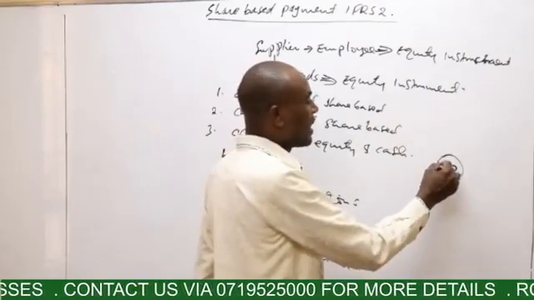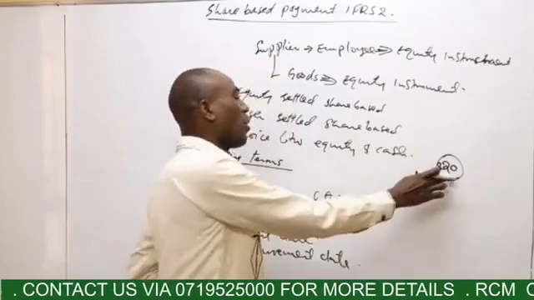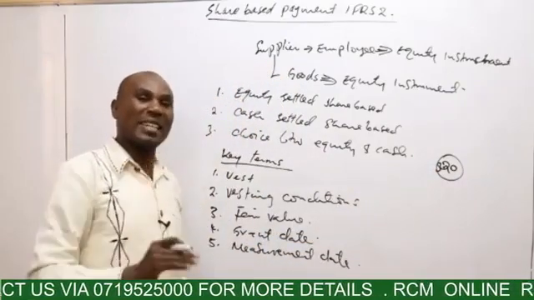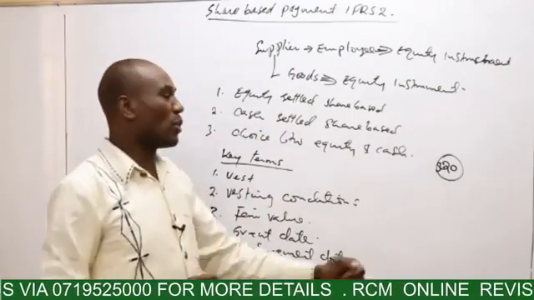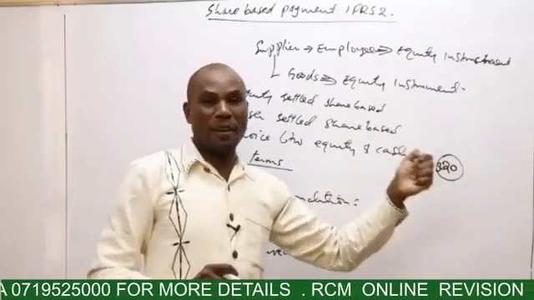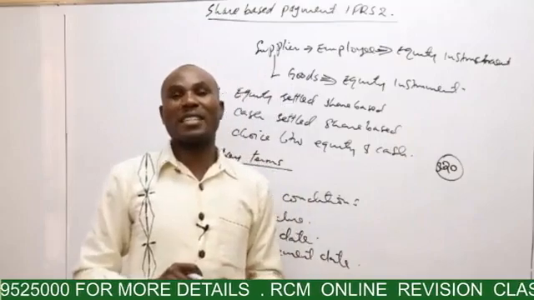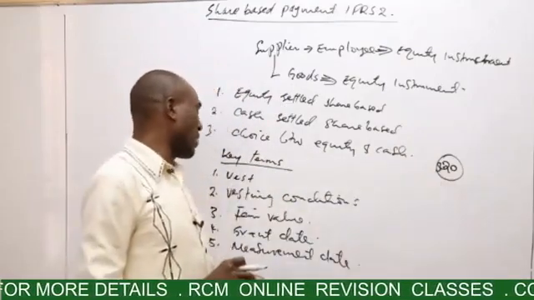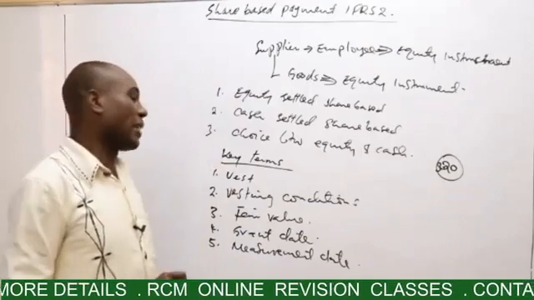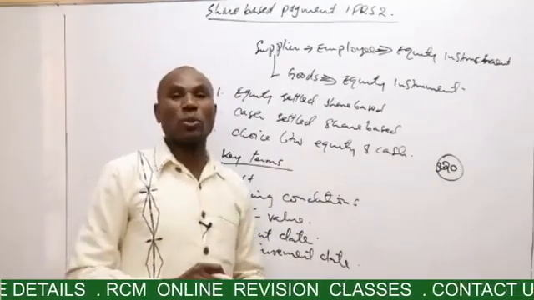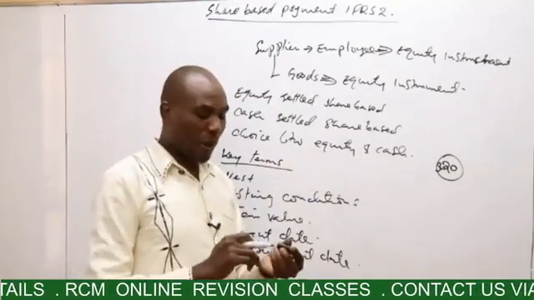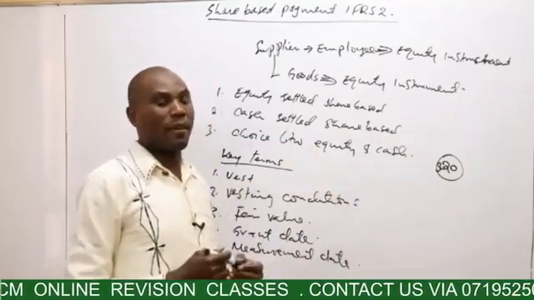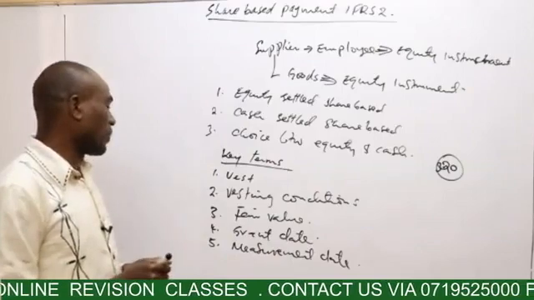Therefore, this is now the measurement date of this fair value. Therefore, measurement date is the date when the fair value was measured. Therefore, when you are asked to define what is the measurement date, according to IFRS 2, then it is the date when the fair value was measured.